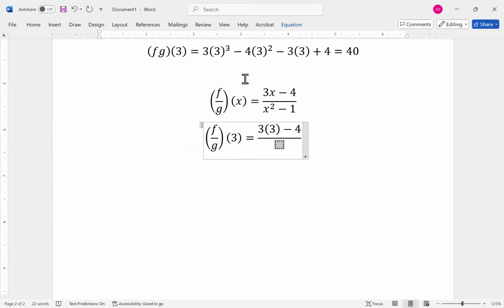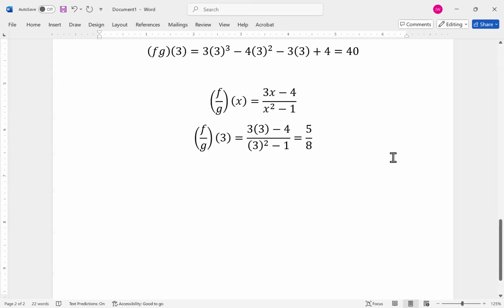In the denominator, you take 3 squared minus 1. And so you'd get 9 minus 4, which is a 5, divided by 9 minus 1, which is an 8. So you end up with 5 over 8 as the answer of what happens when you plug in 3 into the function f divided by g.